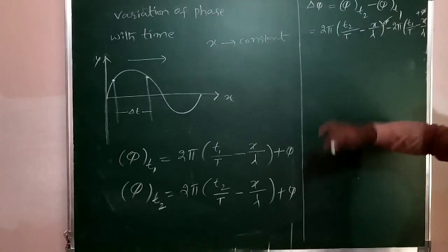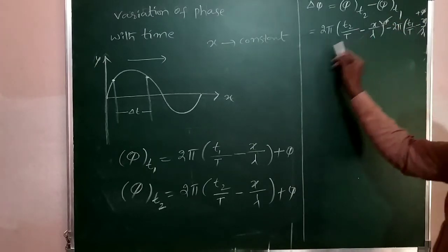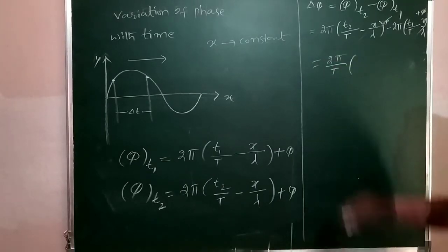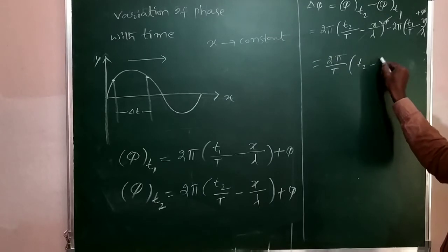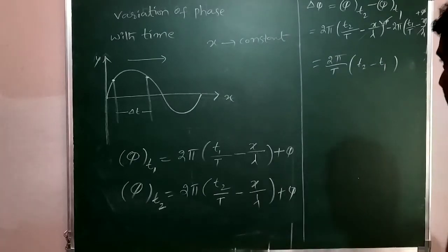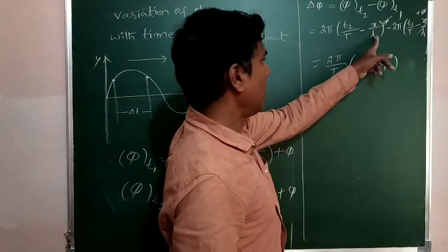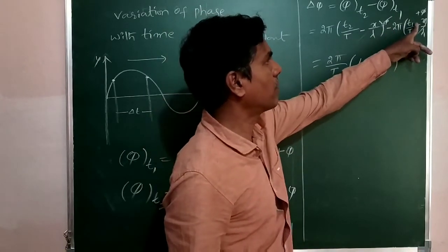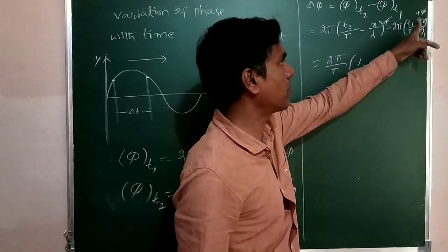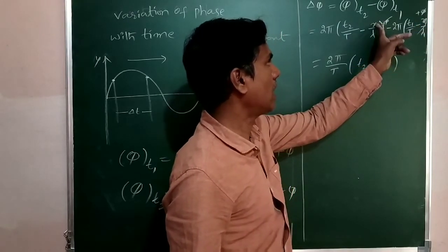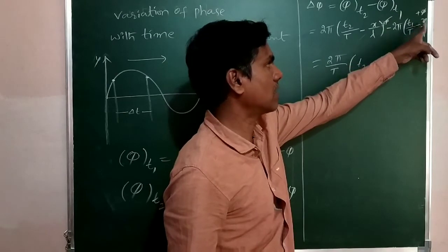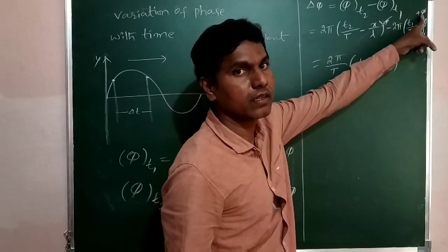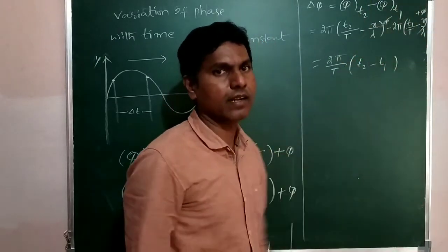This one cancels, and this one cancels. The remaining part is 2 pi by capital T of t2 minus t1, minus x by lambda plus phi. Minus of minus gives plus, so plus x by lambda. Here plus phi, here minus phi, will be cancelled.